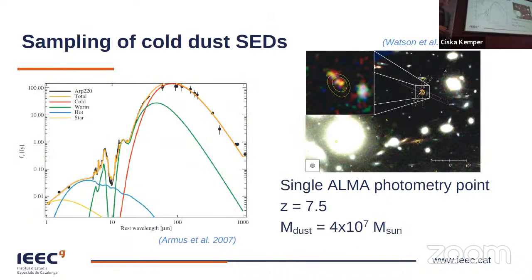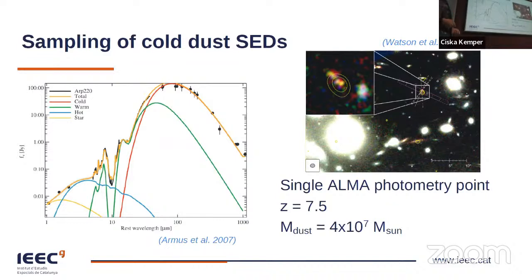Okay, so when I talk about the fitting of these SEDs, what is it that we're actually talking about? Here is an example from 2007. This galaxy is rather well sampled, so you have maybe a dozen or so photometry points, so you can make a reasonably good fit.